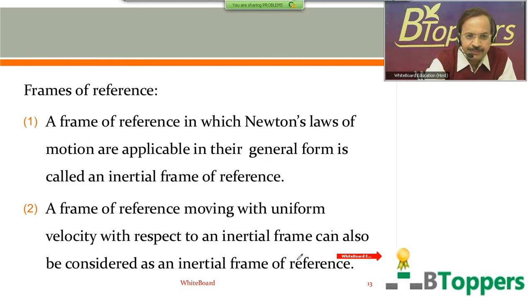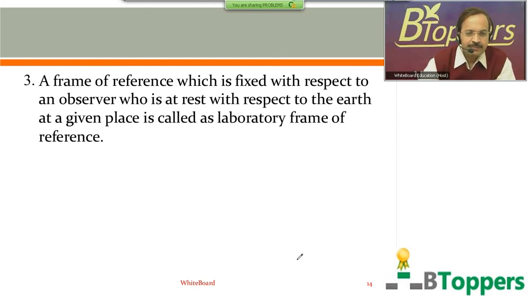I'm going to show you the next point here. A frame of reference which is fixed with respect to an observer who is at rest with respect to the earth at a given place is called a laboratory frame of reference.